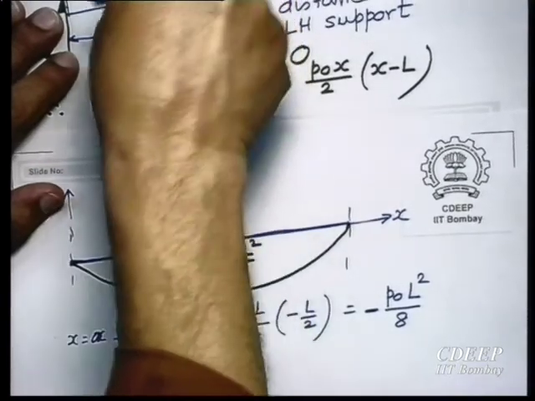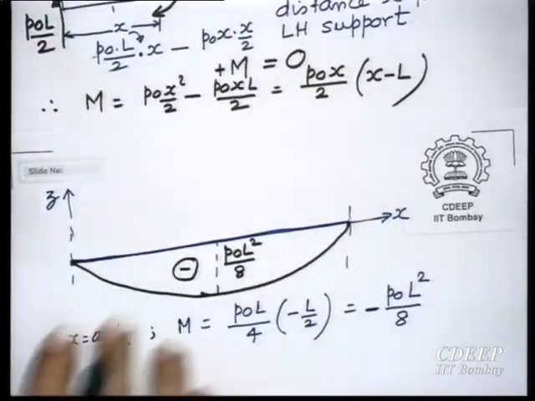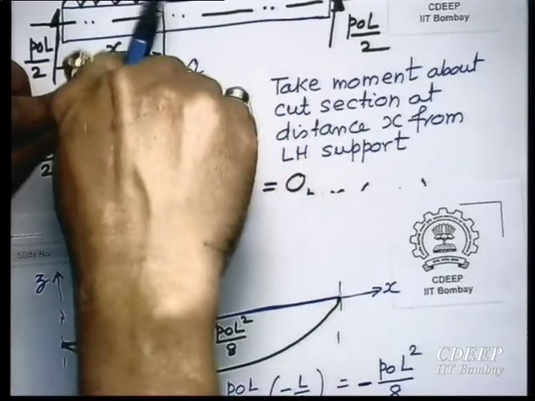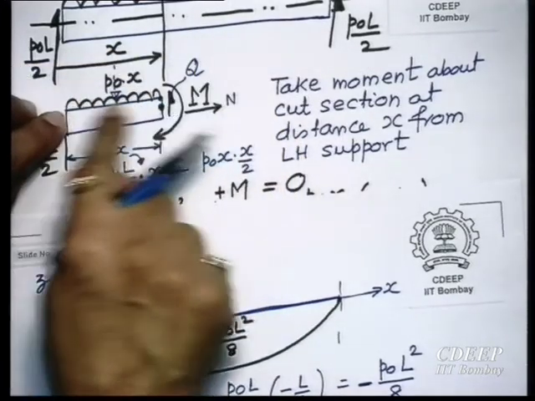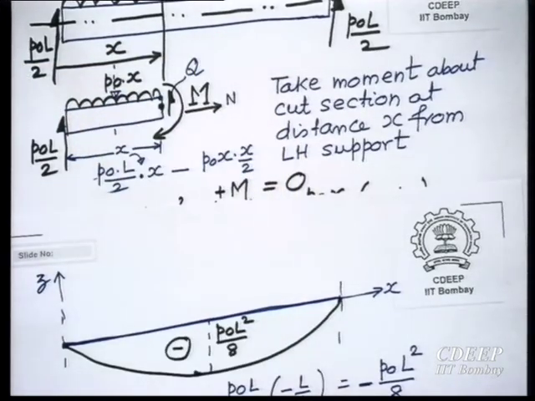What is this kind of moment producing? Tell me. If I have a beam and this cross section moment is like this, what will it produce? See, this is the end and there is a moment acting like this. Will it not try to stretch the top fiber and compress the bottom fiber? Is it okay? So top fiber will be in tension and bottom in compression.